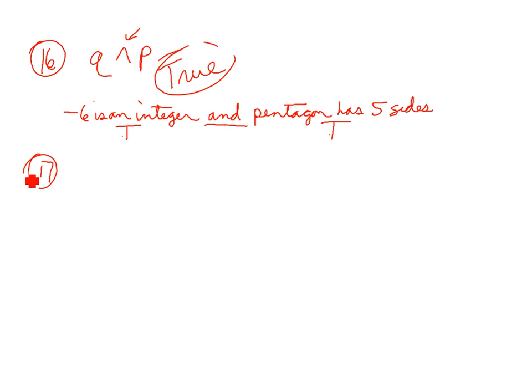17: R and not Q. R is translated here: complementary angles add to 180 degrees. That symbol is and again. We want not Q this time.